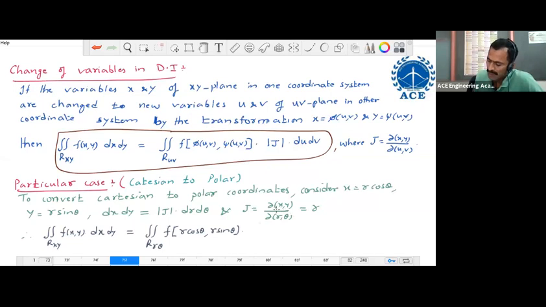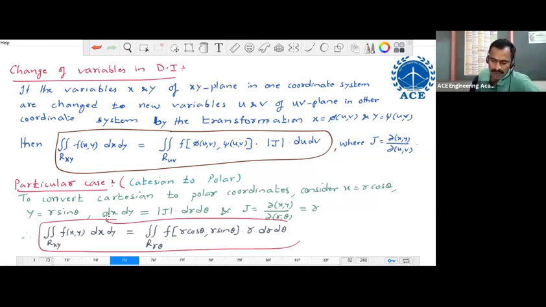If you find the Jacobian using these two transformations, J equals r, into dr d theta. This is change of variables from the general coordinate system xy to uv, but here xy to polar is a particular case.